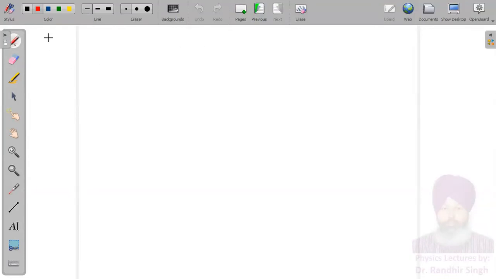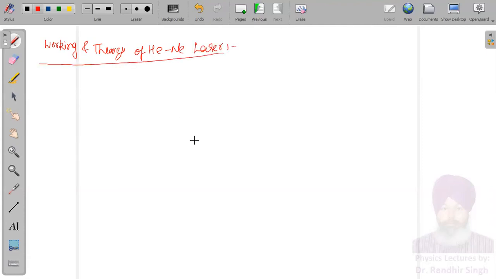Okay, the next page is about the working and theory of the helium neon laser. First of all, please remember these are the energy states of helium.